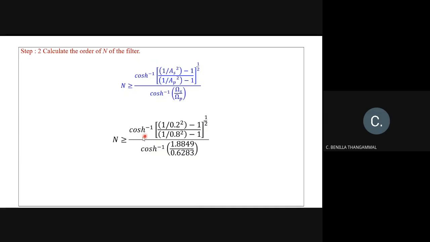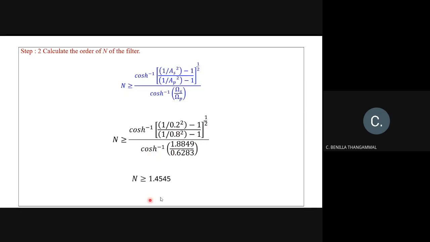So I repeat, cosh inverse of three open brackets, 0.2 square inverse minus 1 close bracket, divided by open bracket 0.8 square inverse minus 1 close bracket, power 1 by 2, close bracket, divided by cosh inverse of 1.8849 divided by 0.6283 close bracket.